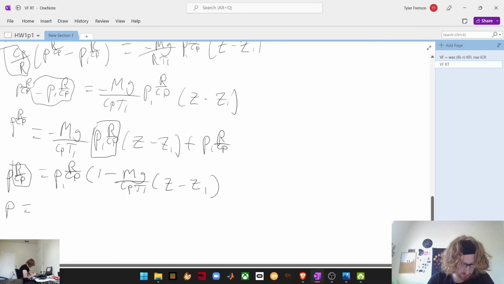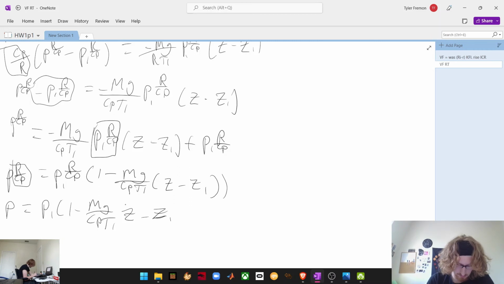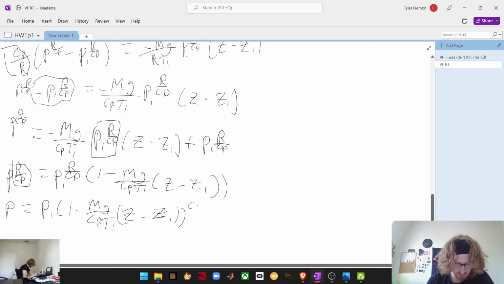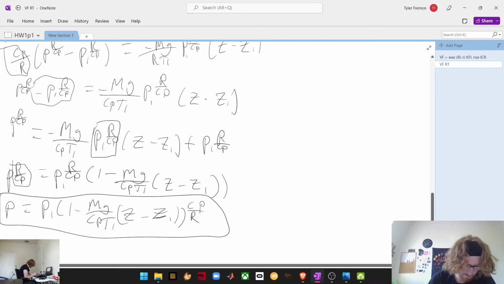So P is going to be equal to, conveniently, we have the same power over here, P1 times 1 minus mg over Cp T1 times z minus z1, raised to the Cp over R. So here's our expression for pressure.